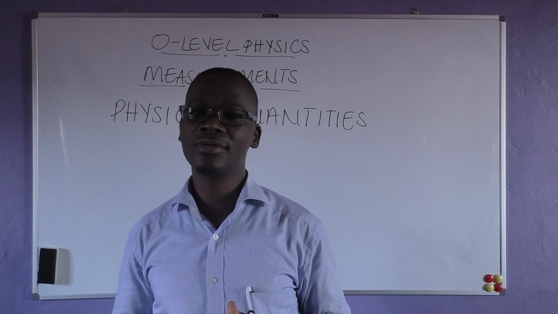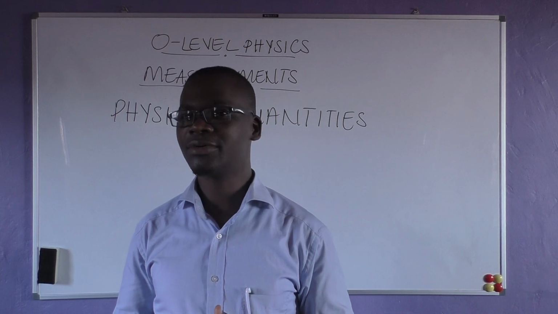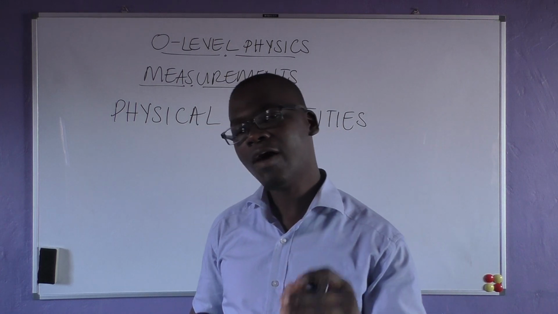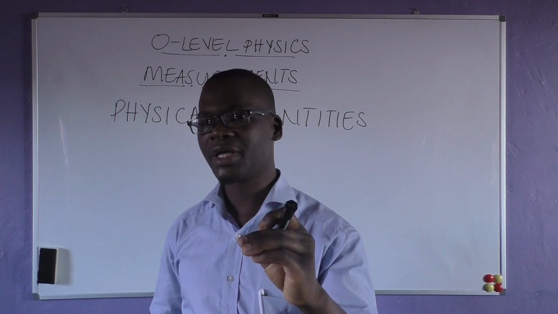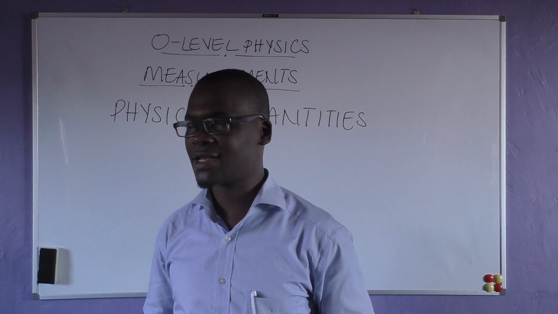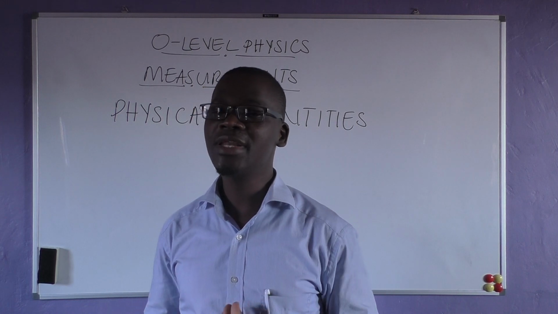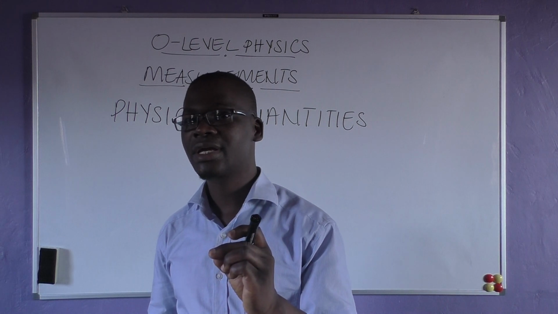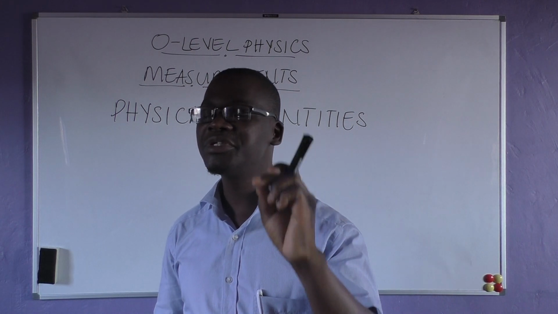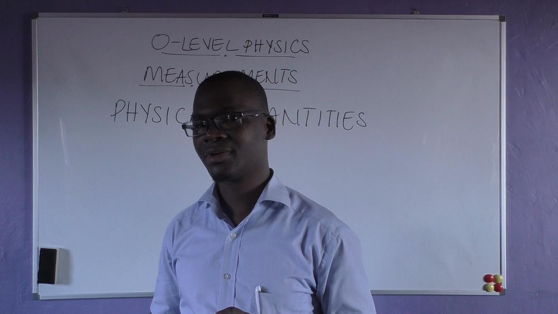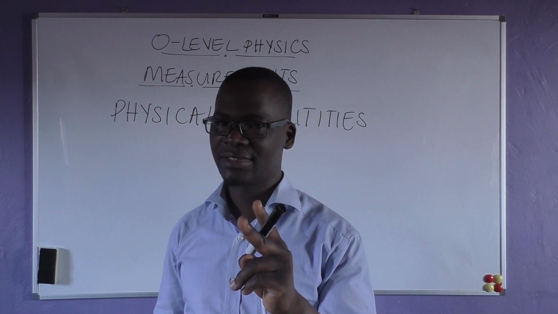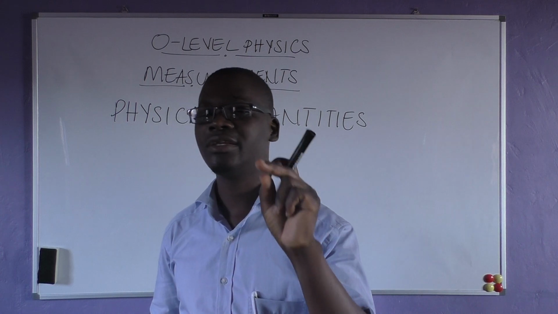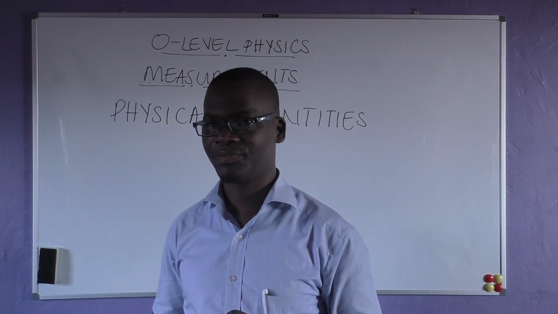Before we look at each category, I want us to first look at how we present a physical quantity. Because we've said that it is anything that can be accurately measured, it is presented by two parts: the magnitude of the quantity and its unit.